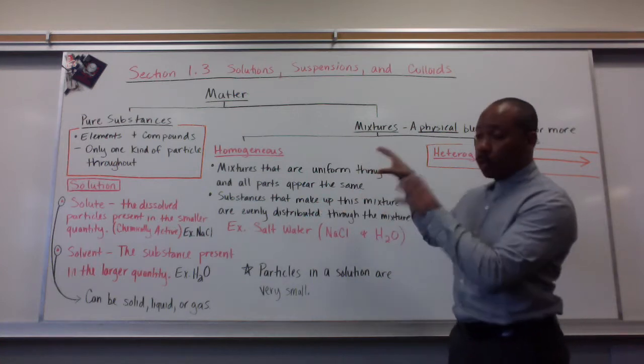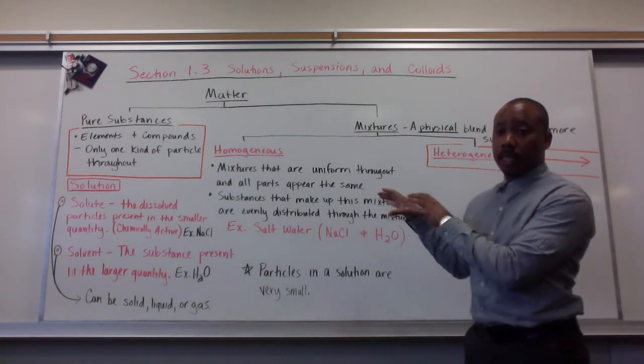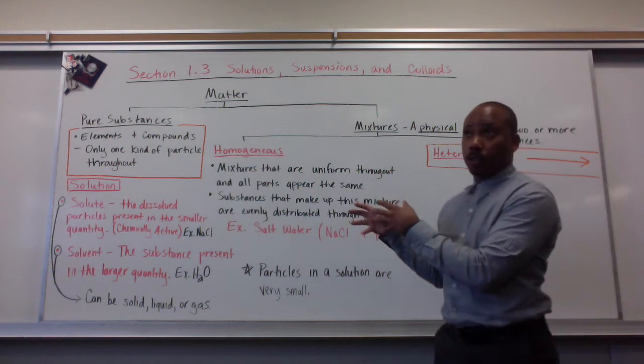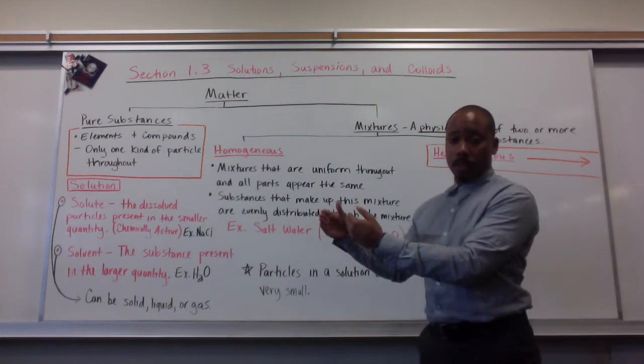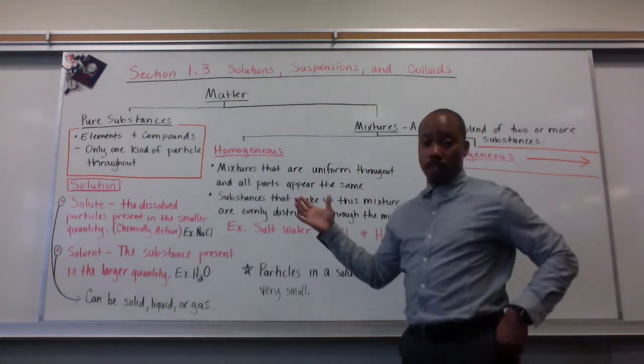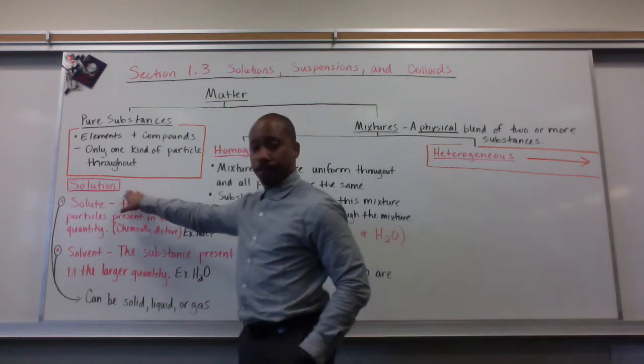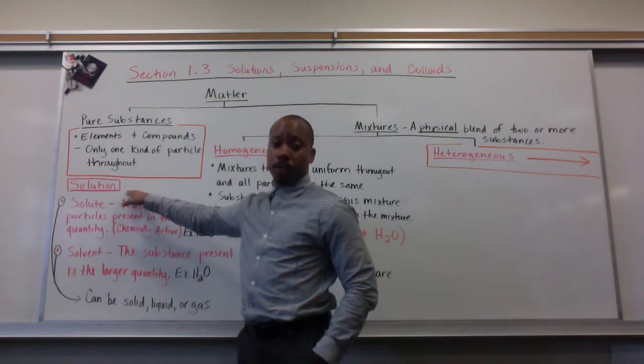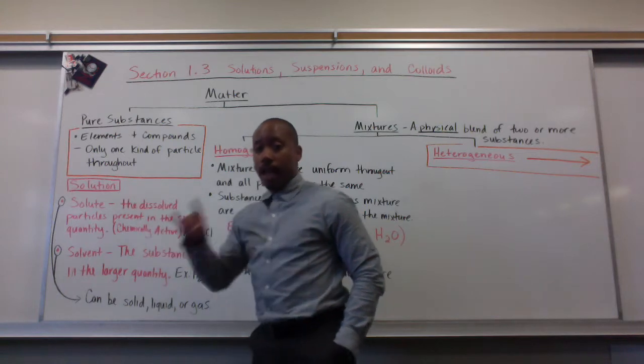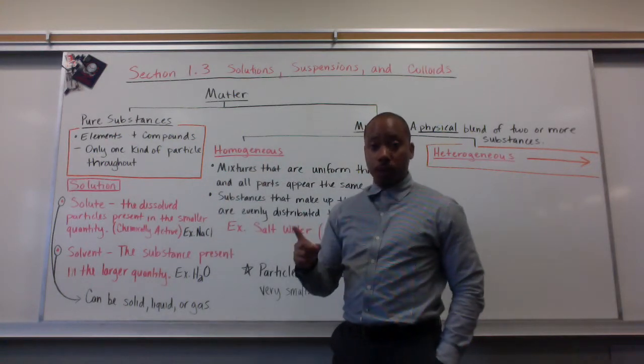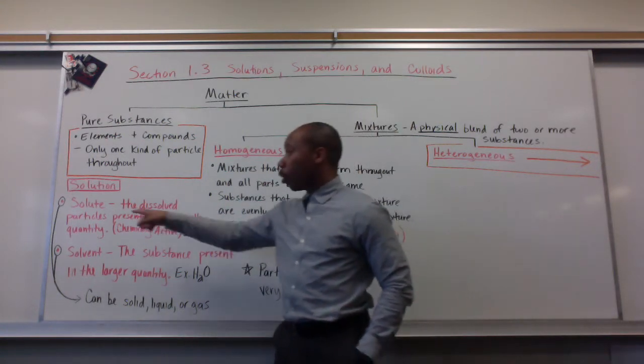Now, within the category of homogeneous mixtures, we can classify different mixtures even more. A certain type of homogeneous mixture is called a solution. These are going to be very important for us throughout this year. A solution has two parts. The first part of a solution is called the solute.